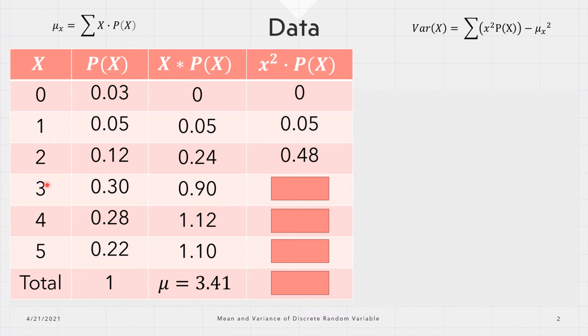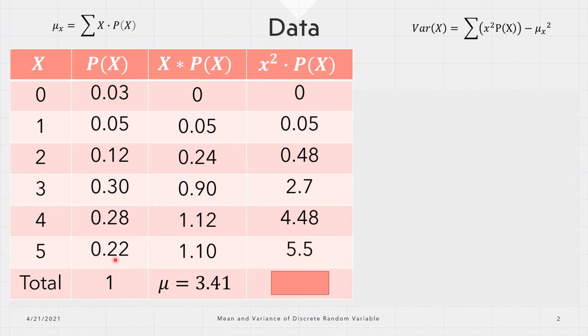Next, the square of 3 is 9. 9 multiplied by 0.3 will give us 2.7. For 4, the square of 4 is 16 multiplied by 0.28. That will give us 4.48. And lastly, the square of 5 is 25 multiplied by 0.22.